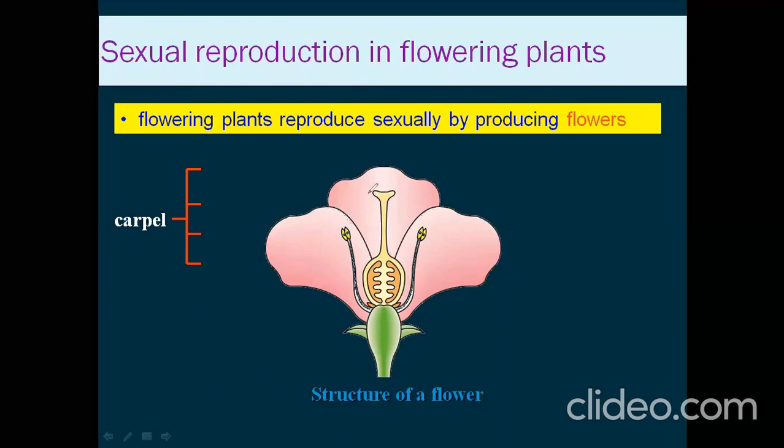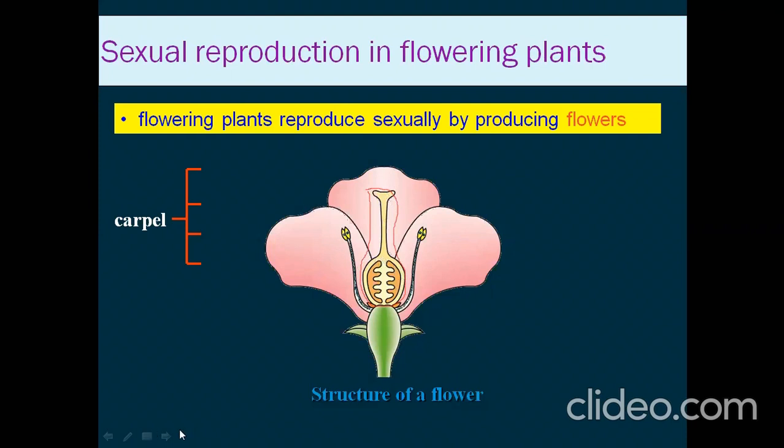This female reproductive part of the flower is called the carpel. Called what? Carpel. Now, the carpel consists of three basic parts. The first one is stigma, style, and ovary, right?